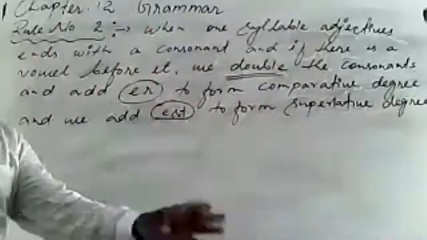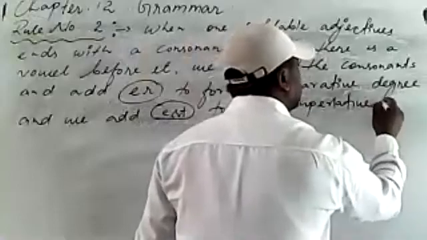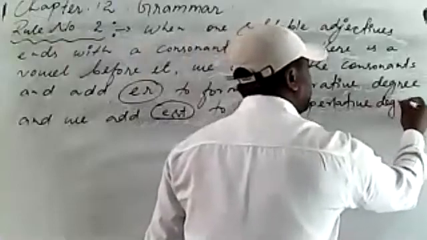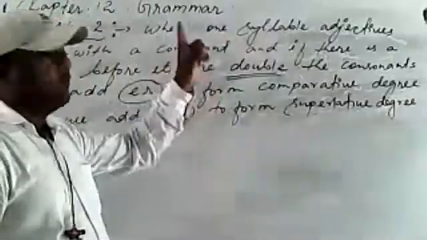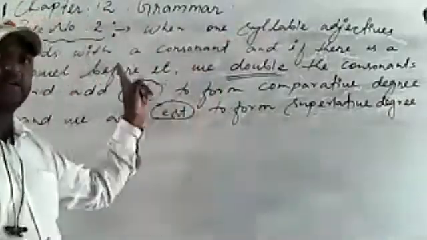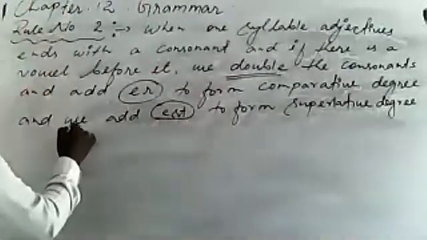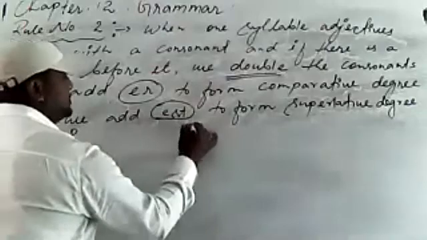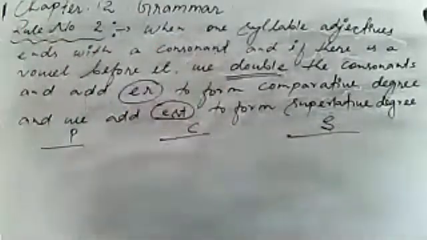Okay, students, now look at the board. What I have written here. Look carefully. When one syllable adjective ends with a consonant. Example, कोई भी word है, one positive degree here. P for positive, C for comparative, and S for superlative degree. Okay, students.